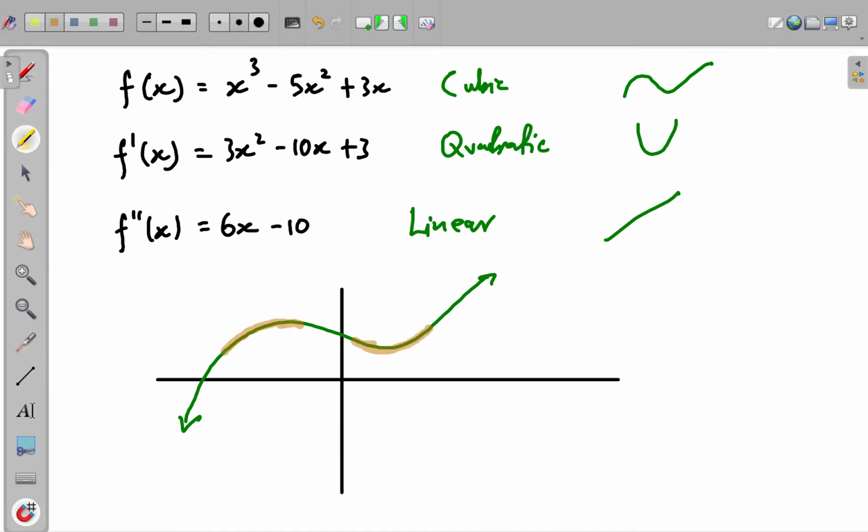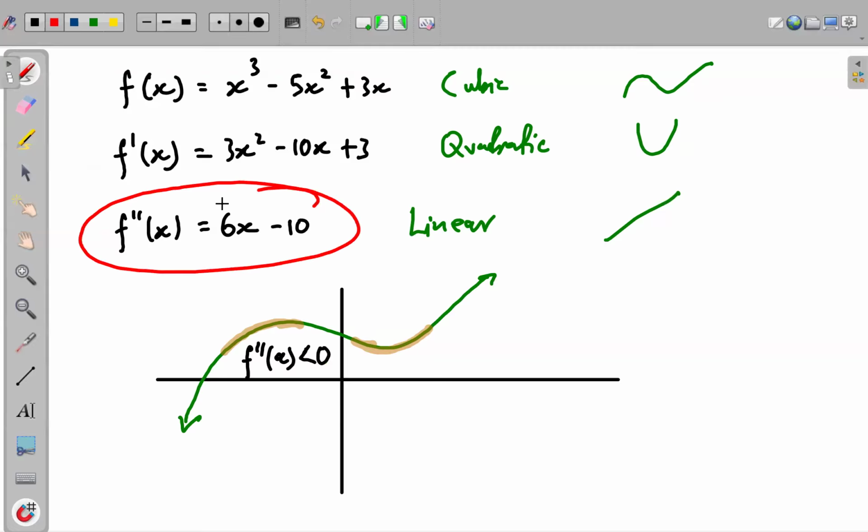Now, what is interesting is if I know my second derivative and I substitute a point called A here, this is what will happen in a case of concave down. In a case of concave down, you will notice that the x value that you substitute into the expression of the second derivative is negative. Once that is the case, then you know you have a concave down.